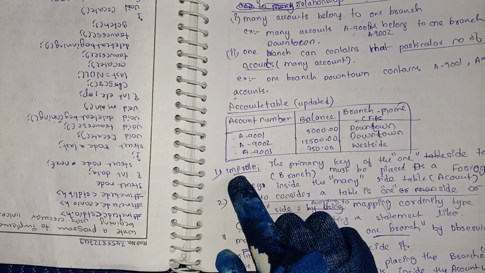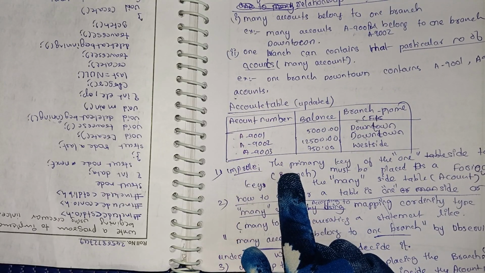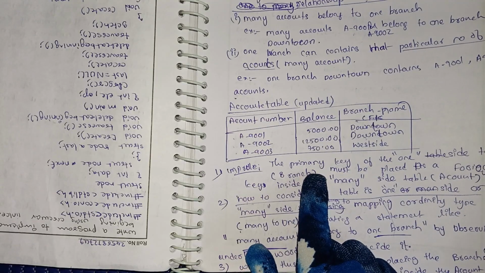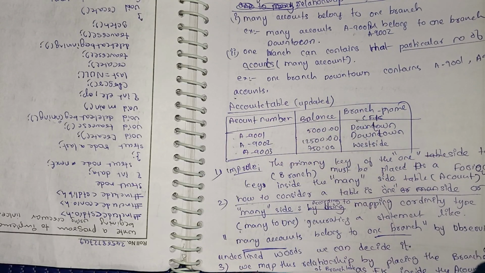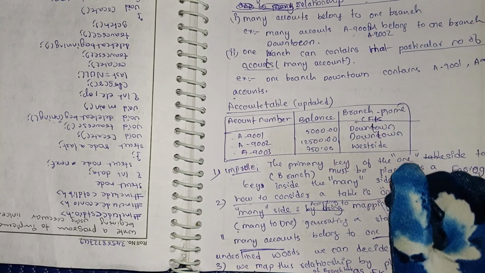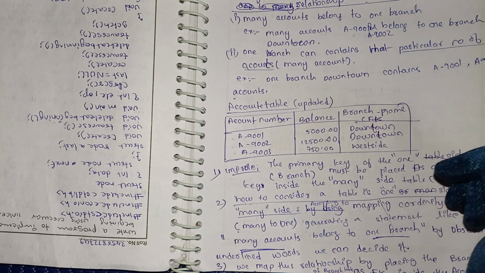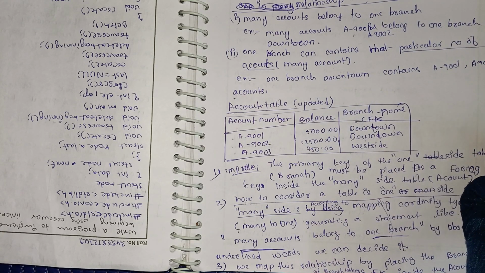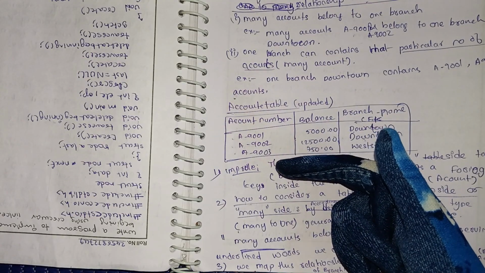It is an important rule which we have to remember while drawing the output tables: where to place the primary key as a foreign key, selecting from both tables.